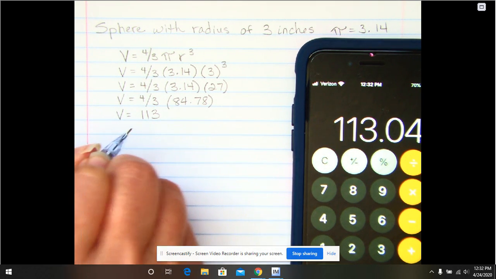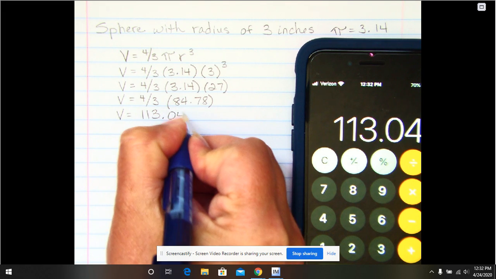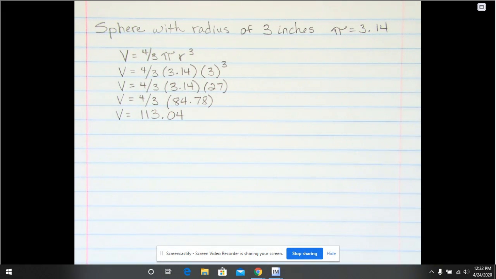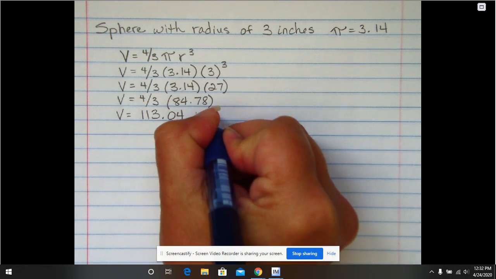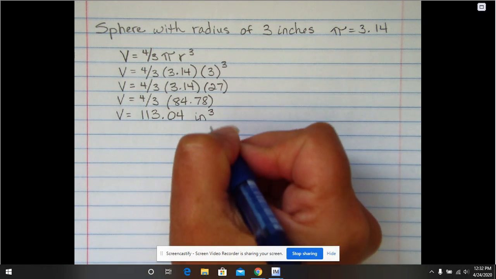So the volume of the sphere in this particular problem is 113 and 4/100 inches cube, or cubic inches.